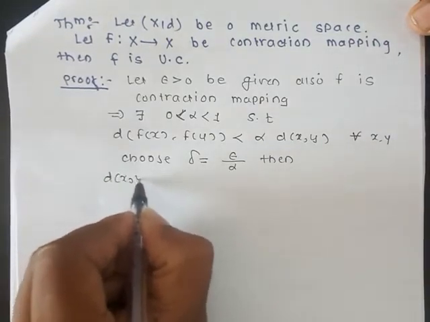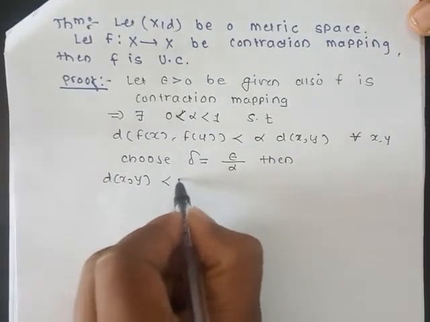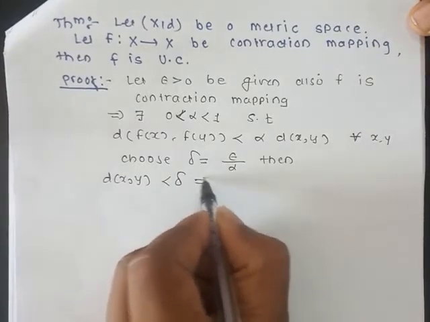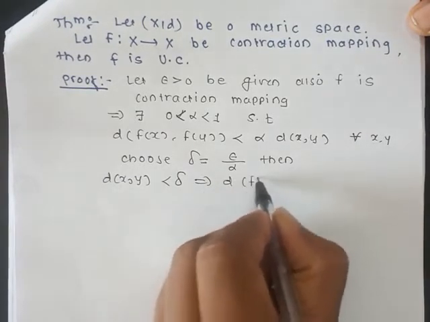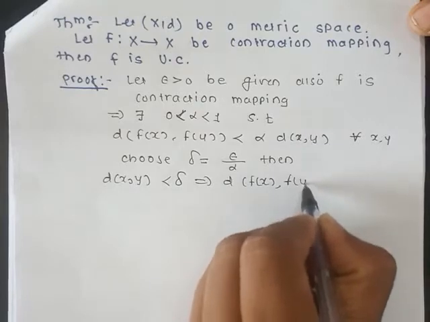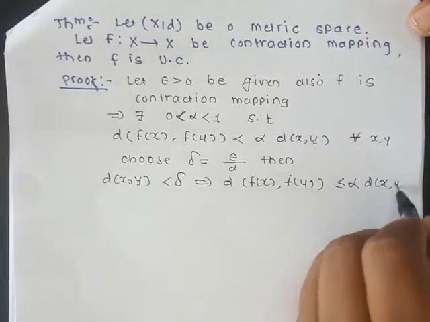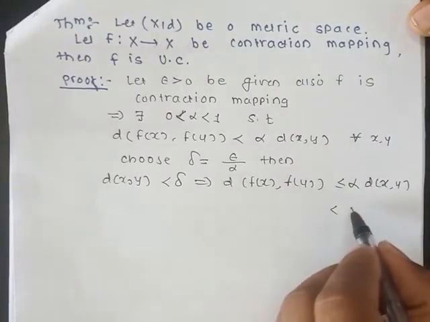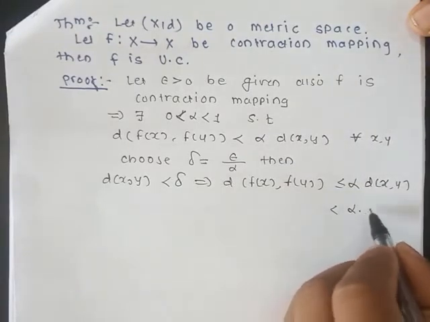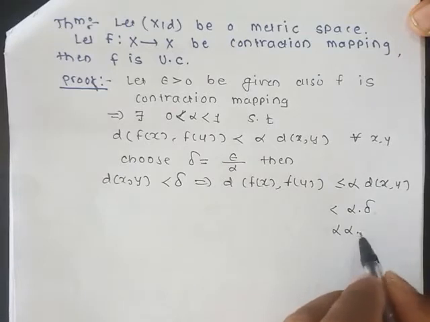d of x comma y less than delta implies that d of f of x comma f of y is less than or equal to alpha times d of x comma y, which is less than alpha times delta, which is equal to what?